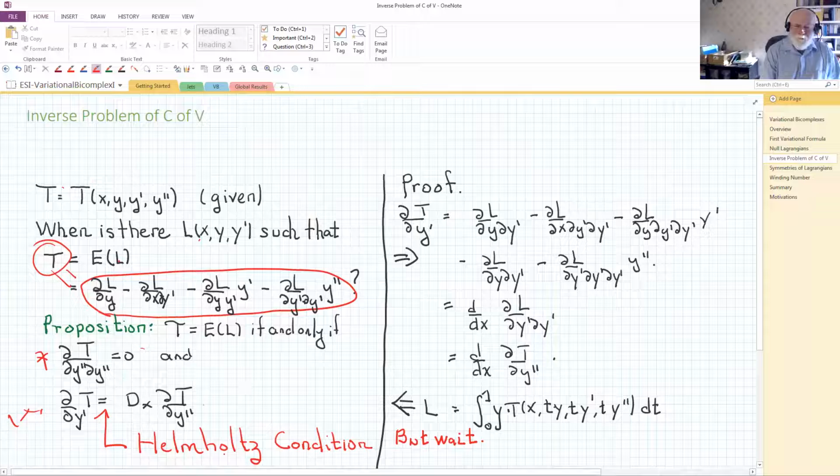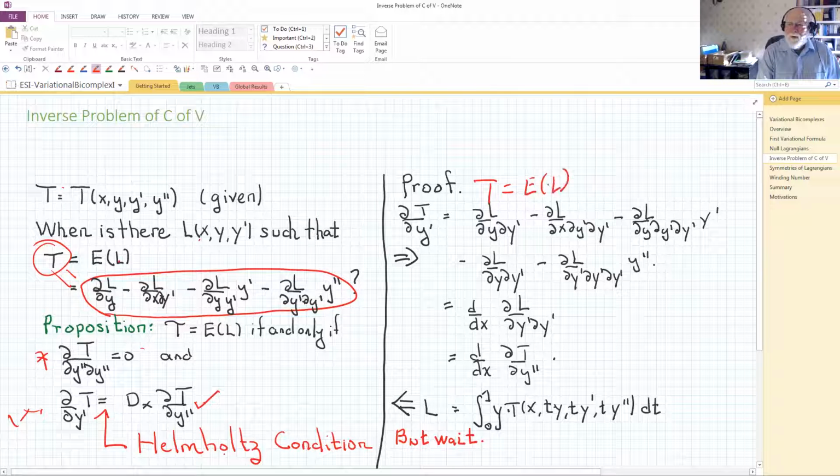Again, the proof of this condition is just a formal calculation. Going in one direction, if T is equal to E of L, then you can calculate this derivative, and this derivative, and you can see right away that you have an equality here.